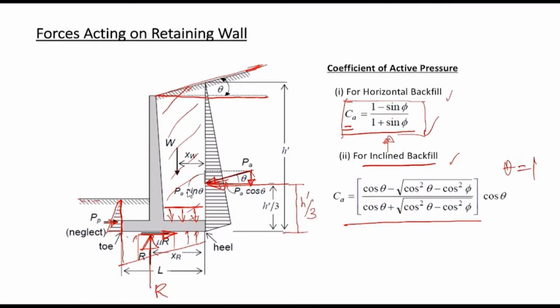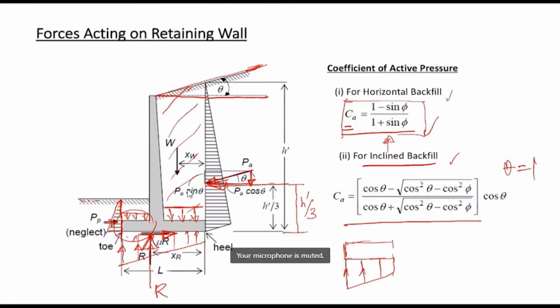From here we can see this will be the pressure like this. So in this portion, since this pressure is more, for this toe slab the net pressure distribution will be like this.